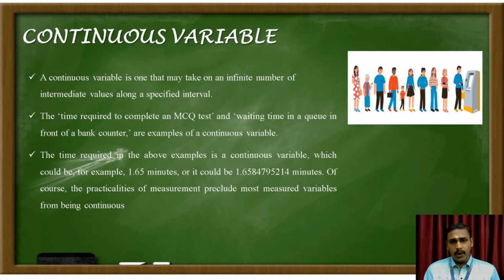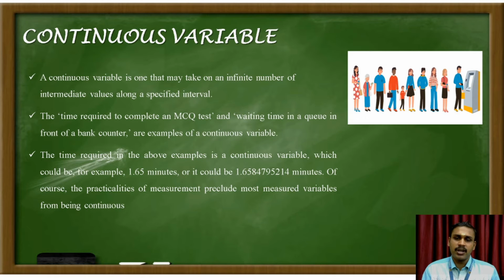The time required in the above example is a continuous variable, which could be, for example, 1.65 minutes. It could be 1.684, minutes can take values like that. But within that period of time, within that interval, we are using the total time period.